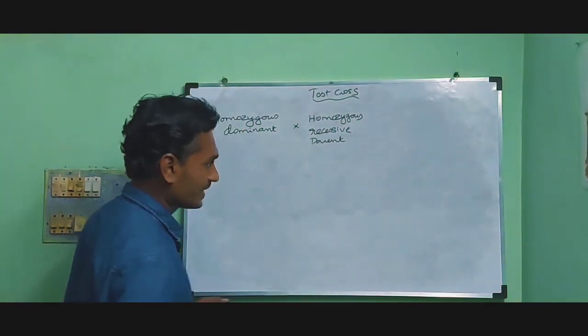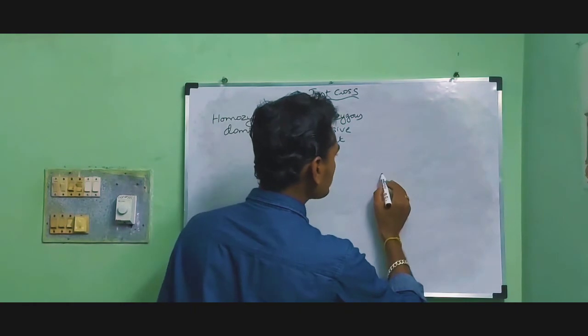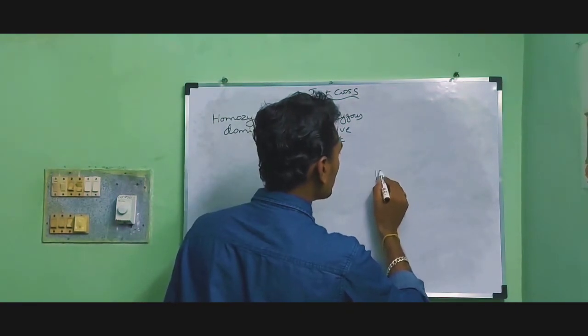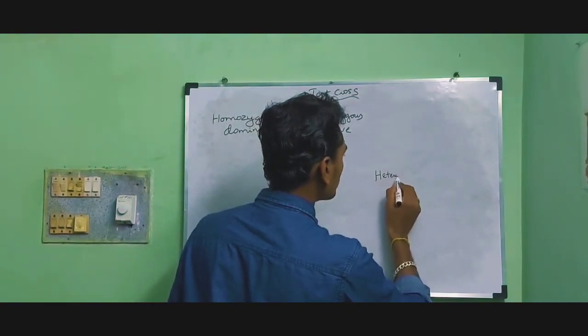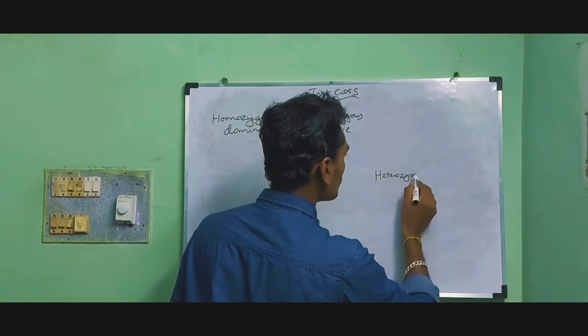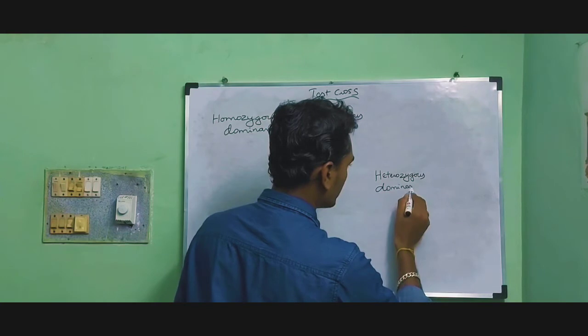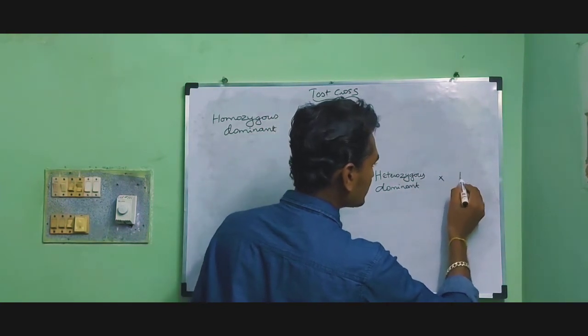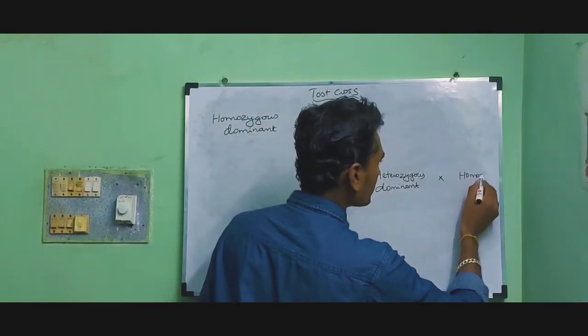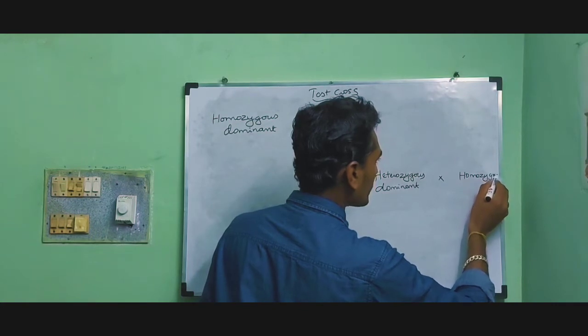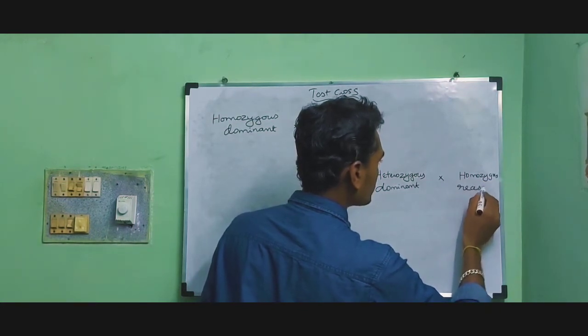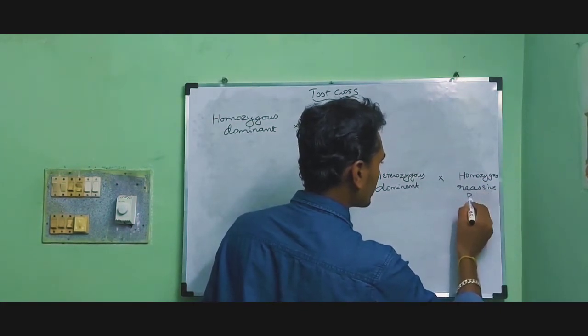The next cross is a heterozygous dominant parent crossed with a homozygous recessive parent.